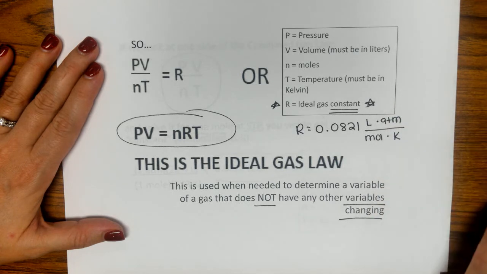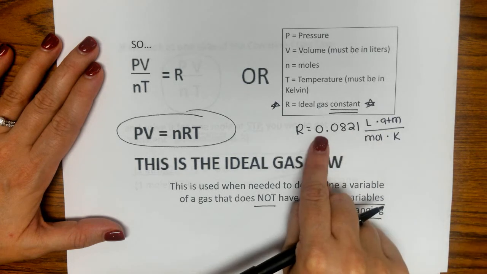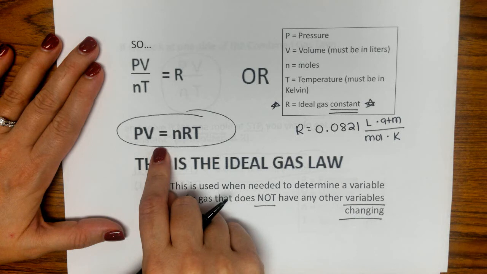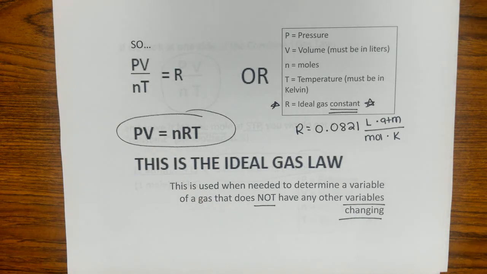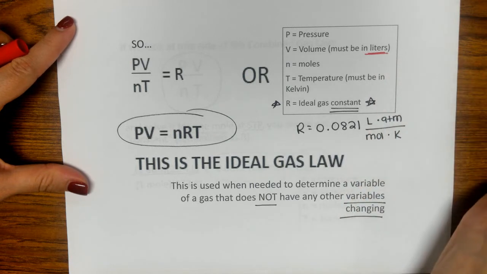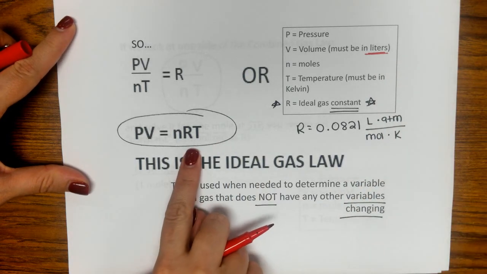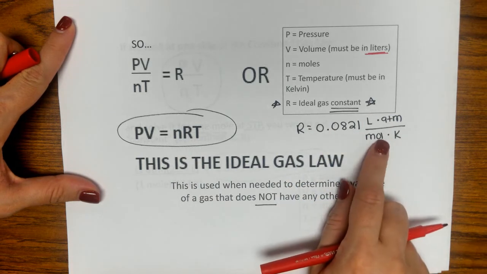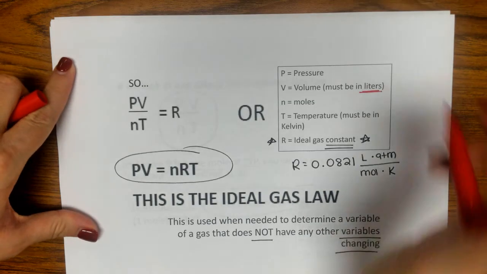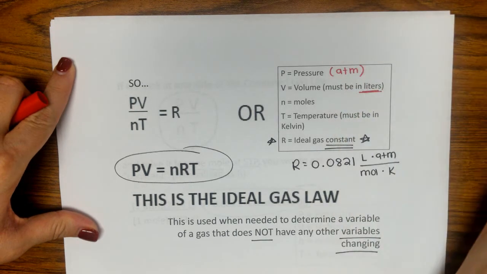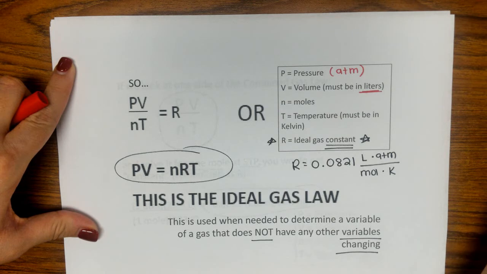So with that being said, if these are my units for my constant, that means when I use the ideal gas law, my volume has to be in liters. Volume can't be in milliliters when you use this equation. Pressure, the unit for pressure with this constant is atm. So pressure with the ideal gas law has to be in atm. Can't be anything different.